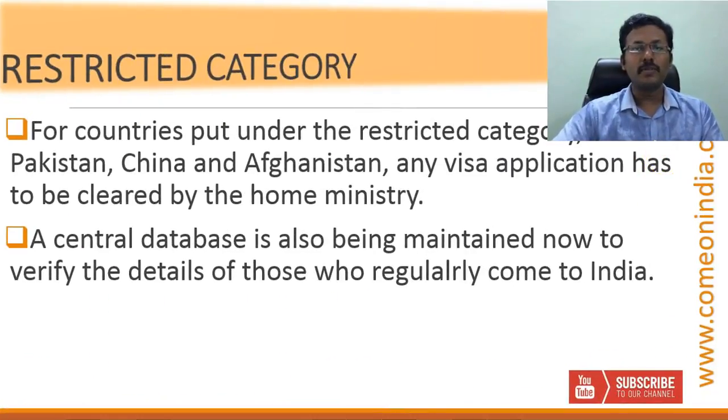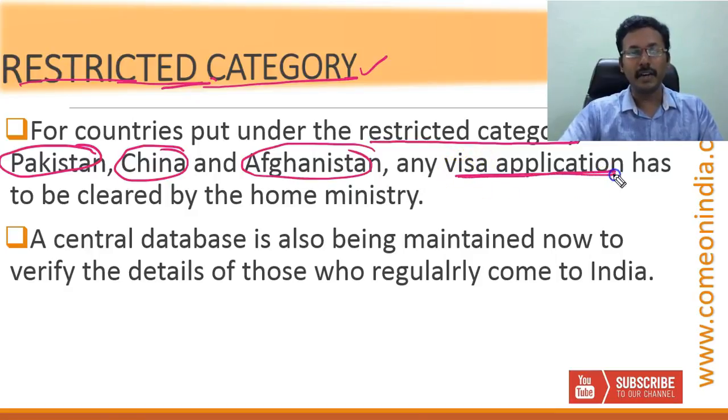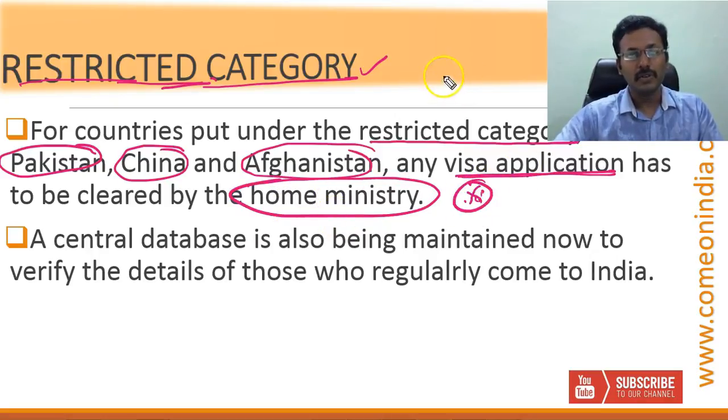Now let's discuss about restricted category. Restricted category, what is that? Some countries have been put under the restricted category to grant visas. Countries like Pakistan, China and Afghanistan have been put under restricted category. Under this, any visa applications to visit India have to be cleared by Ministry of Home Affairs. This is a point, don't get confused.